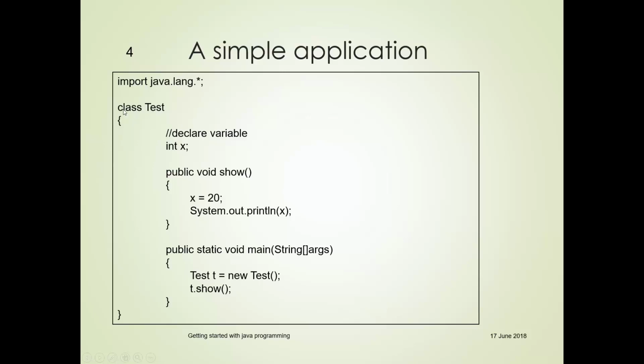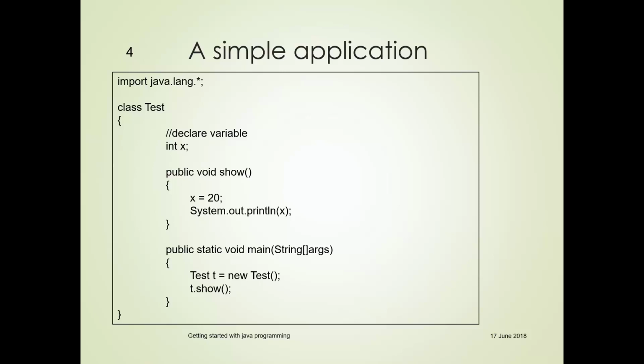Now this class, the word class is a Java keyword in small letters, and after that Test is the name of this class. So whenever we write a program in Java, we have to write it in a class, and a class is written like this: the keyword class, a space, and the name of the class. So I would call it the Test class.